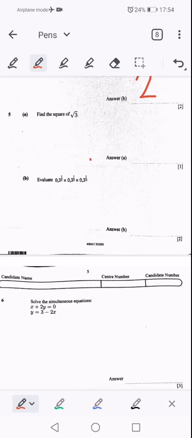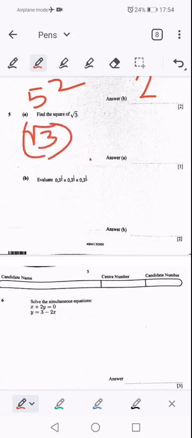The square of 5 is 5 to the power 2. So we want to find the square of root 3. The square of root 3 means root 3 to the power of what? 2. So root 3 to the power of 2 is root 3 times root 3.